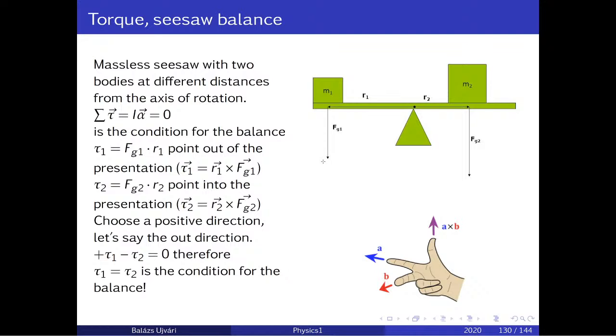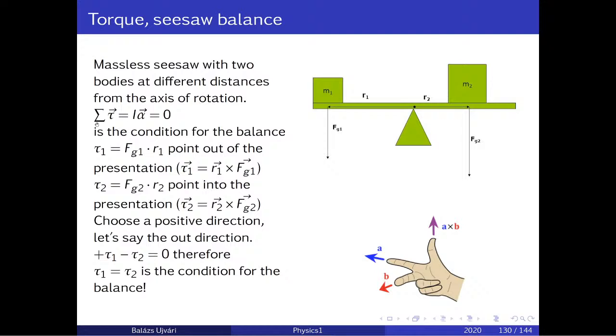The torque comes from the weight of this mass. That points towards you, from the plane of the screen, since you have to calculate with the perpendicular vector, and that will be the direction of torque 1. And since theta here is 90, sine 90 is 1, so its nominal value is weight times r1.